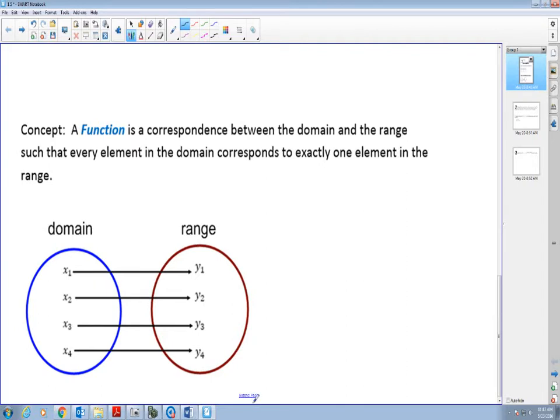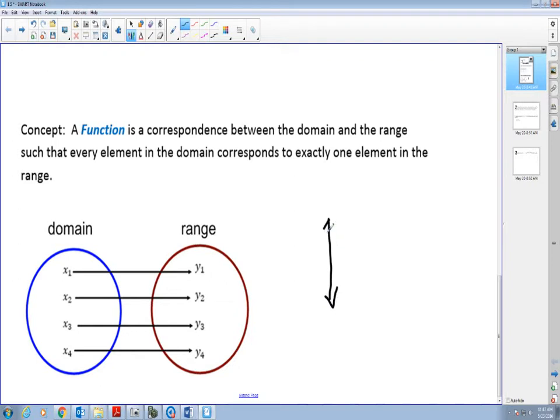Another way of saying this is that you can't have the same x value in a domain that has two different y values. Because if you think about it, if the two x values are the same and the two y values are different, that will create a vertical line.